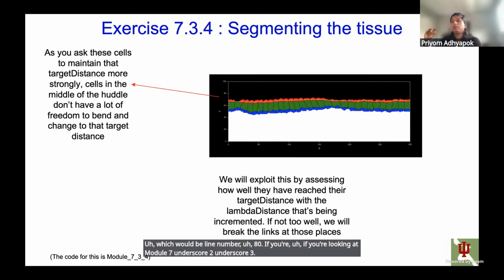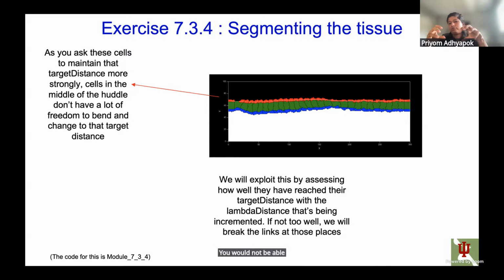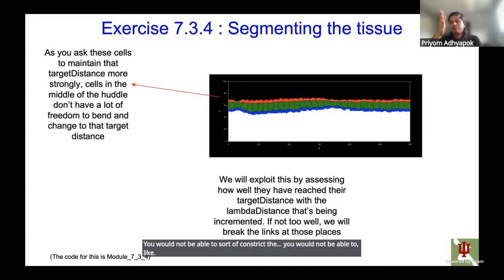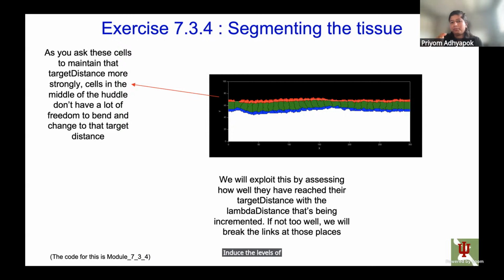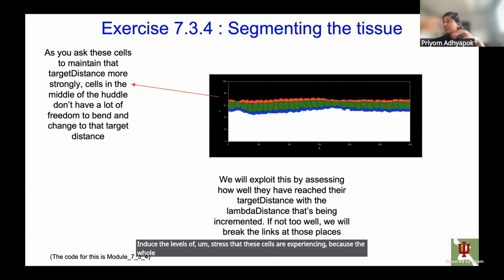So in this simulation, the additional thing I had to do was put two fixed cells on either side of the simulation, because if we still had the periodic cells which could loop around and tie together, you would not be able to induce the levels of stress that these cells are experiencing, because the whole tissue would just keep moving along.